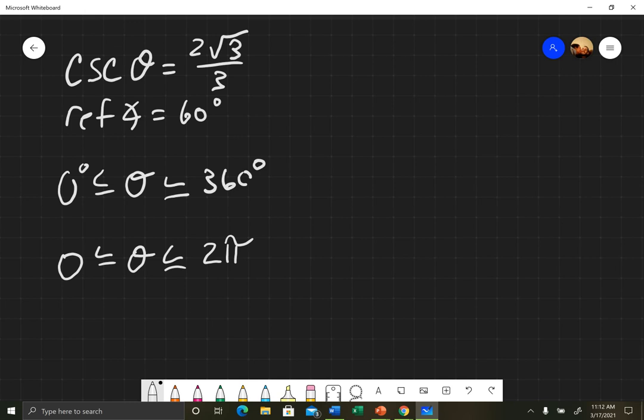So I want to start with, how do we go about approaching this kind of problem? The first thing that we want to look at is this bit of information. We're looking at the trig function that they gave us, which in this case was a cosecant. And we're looking at this side of it. I don't care what the value is, the 2 square root of 3 over 3.